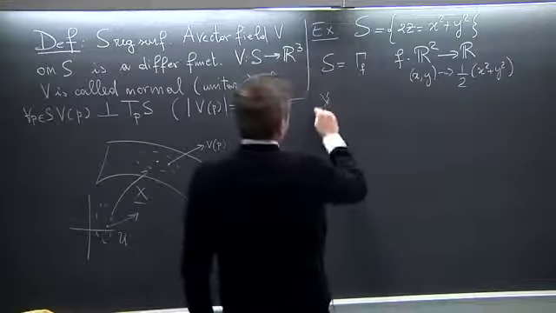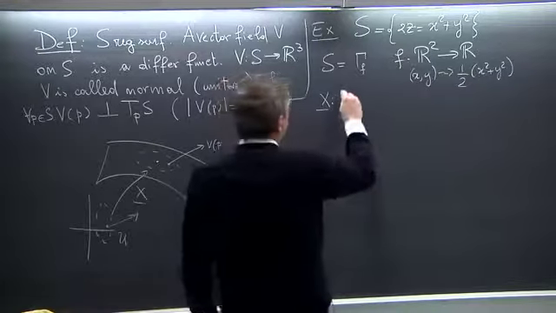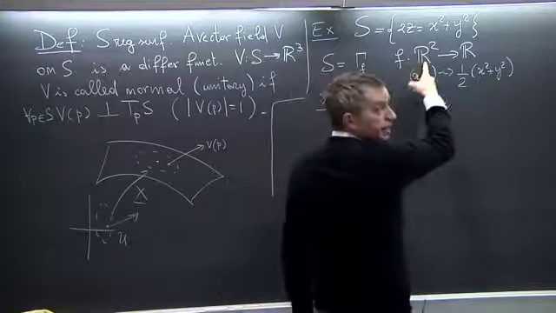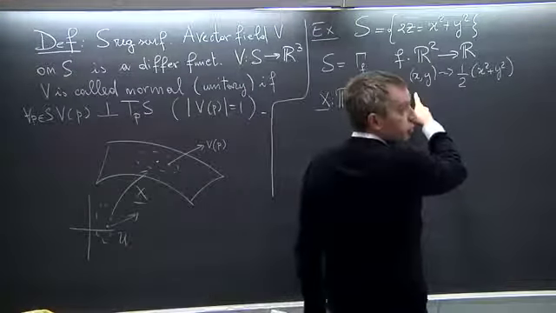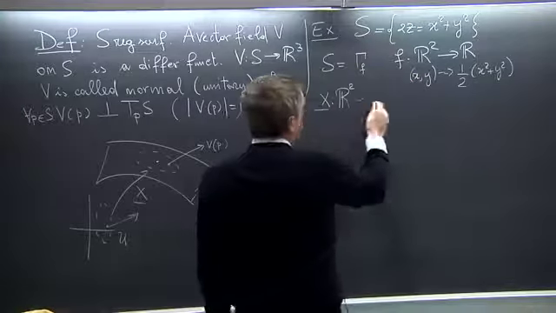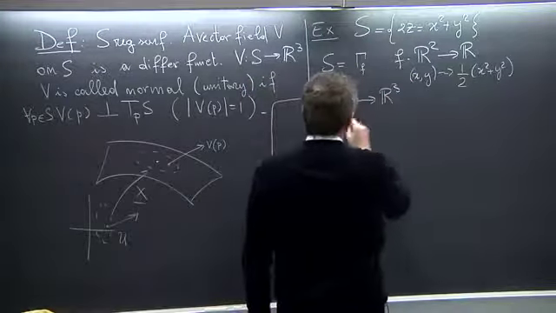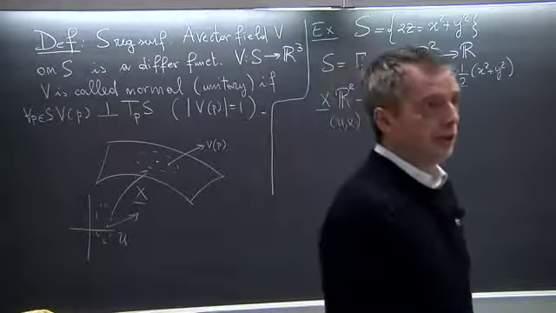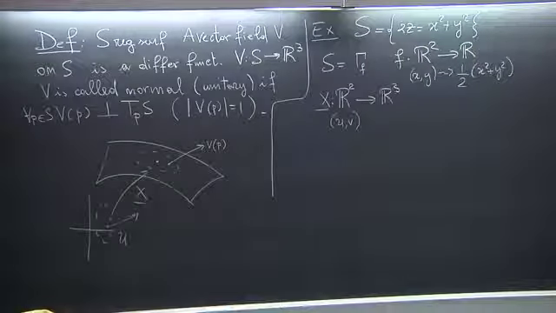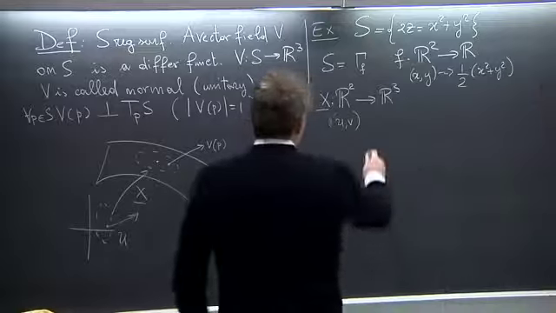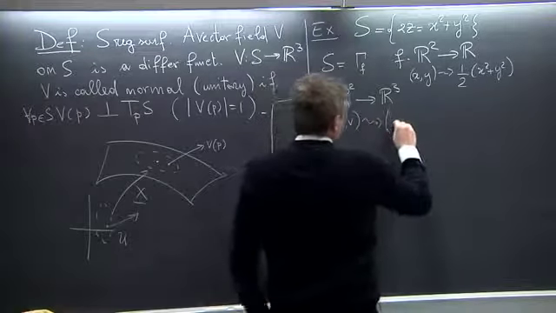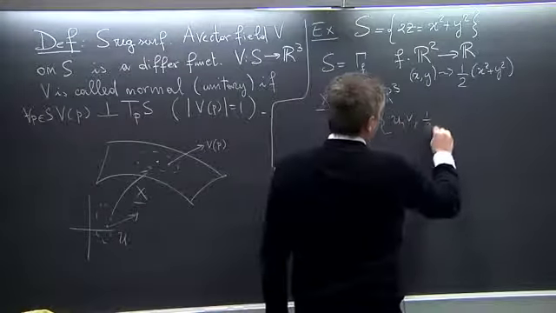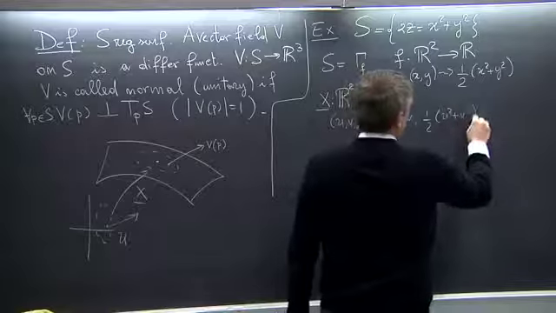Now, my domain will be the whole of R2, because we should take in general the domain of f, and here f is defined over the whole of R2. So I take R2 here, and I go to R3, taking, remember, our notation is to call the coordinates on R2 u and v, not to be confused with x, y, and z. So u, v goes to, in some sense, the graph map: (u, v, 1/2 (u squared plus v squared)).